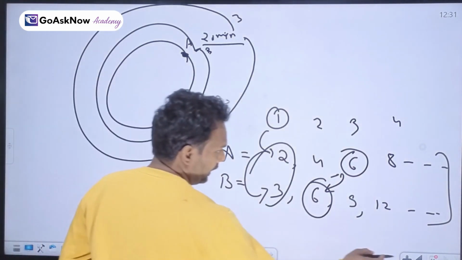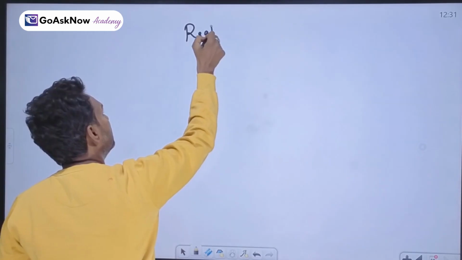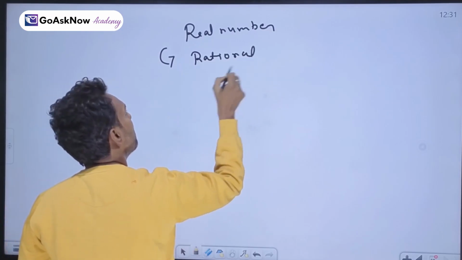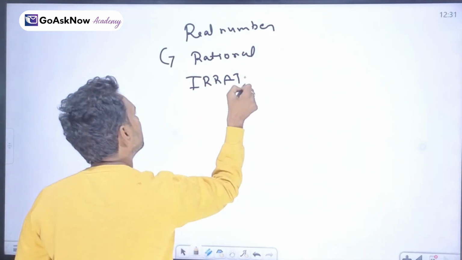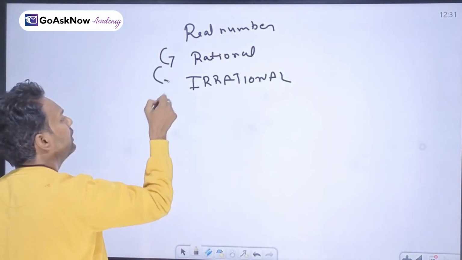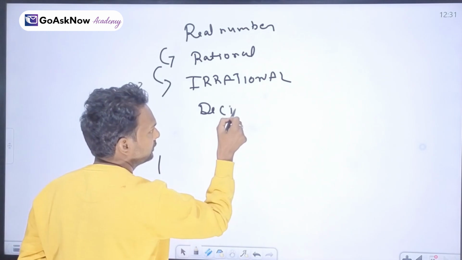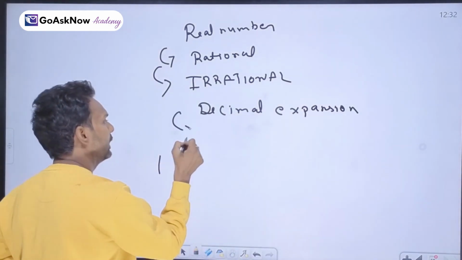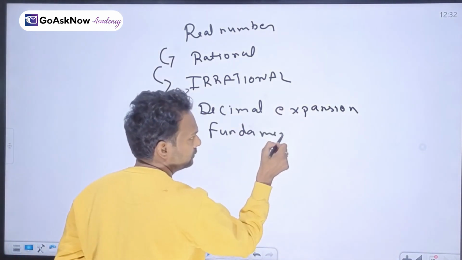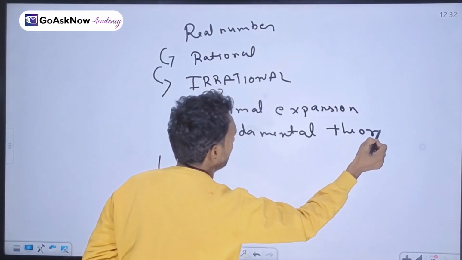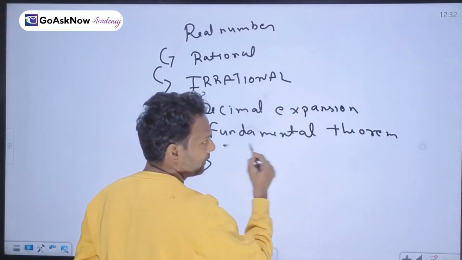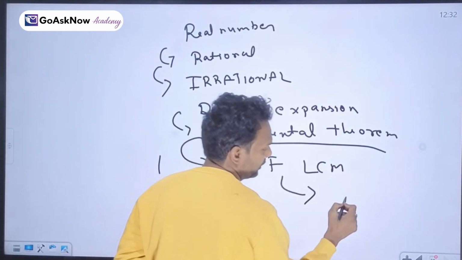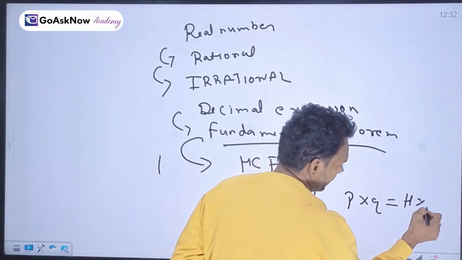In this chapter, we learned about what real numbers are, which include rational and irrational numbers, then decimal expansion, after that the fundamental theorem, and application of the fundamental theorem, which were HCF and LCM. The most important property, P into Q is equal to HCF into LCM.